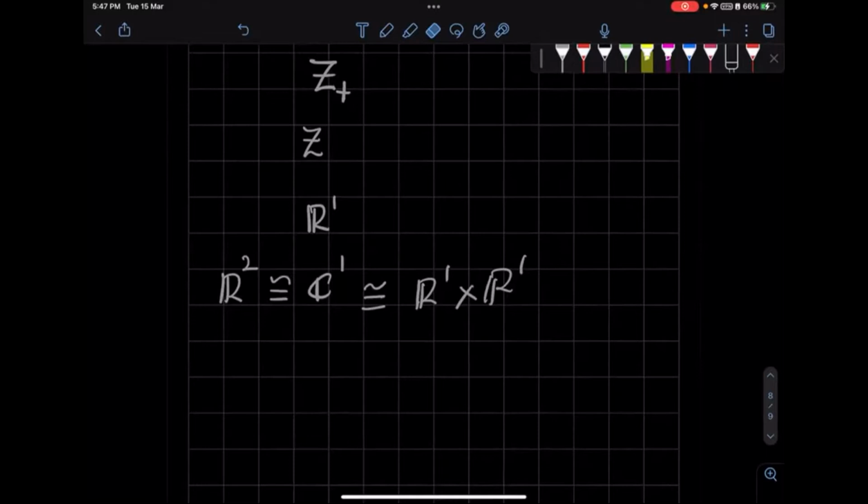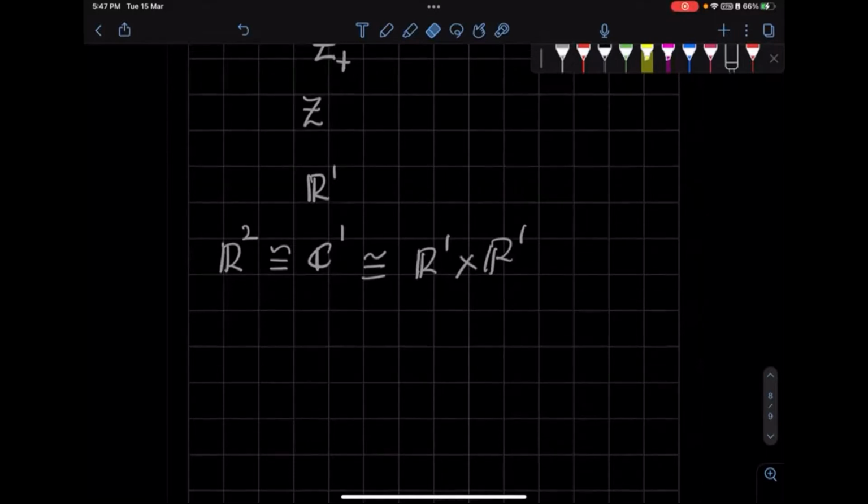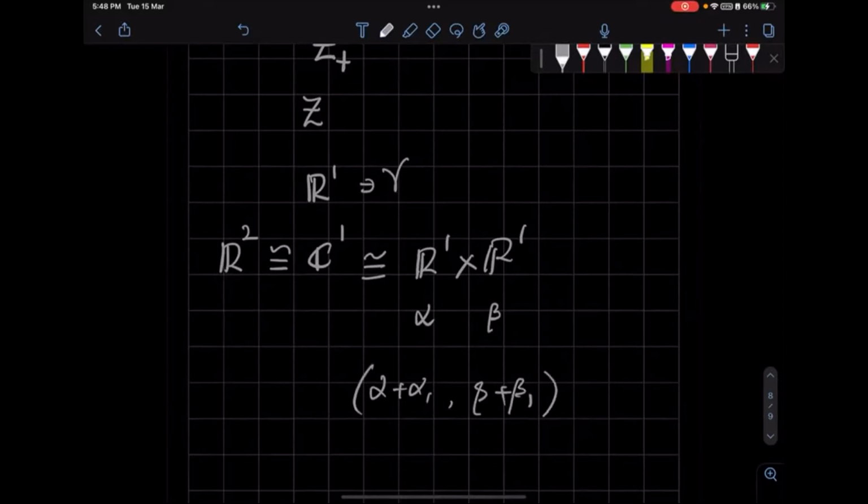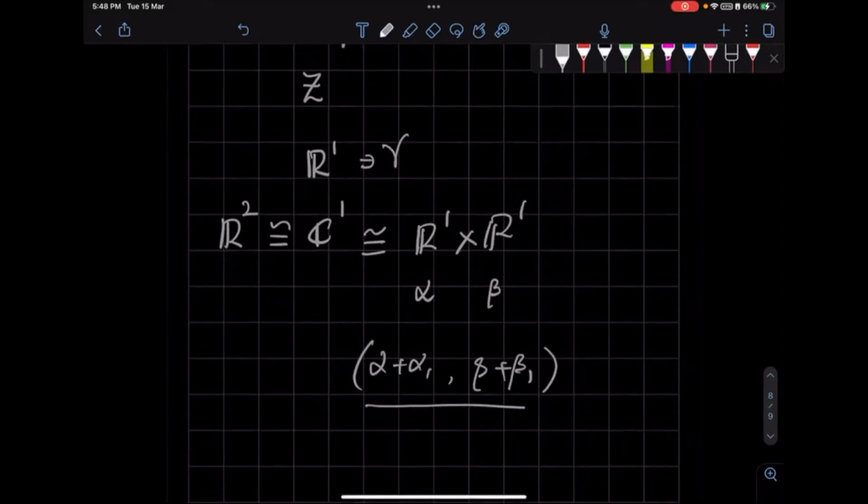I mean, you can have two elements, alpha and beta. But here you have only one parameter, right? So here you can have alpha plus alpha 1 and beta plus beta 1, and so this is a group operation in R cross R or C1.